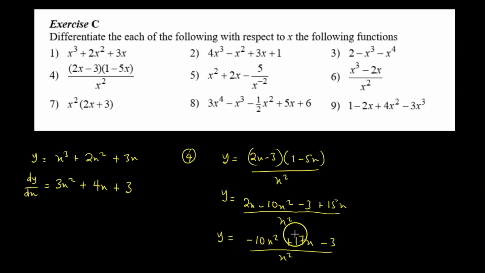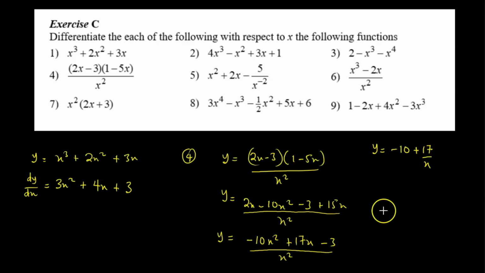At this point, I'm going to write it term by term. So I divide through by x squared. That will give me y equal to negative 10x squared divided by x squared, which is left with negative 10. And then 17x divided by x squared, which is left with plus 17 over x.